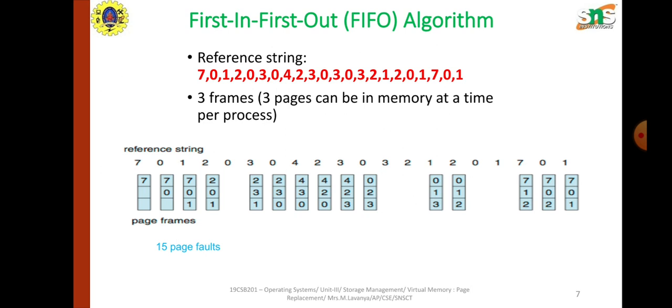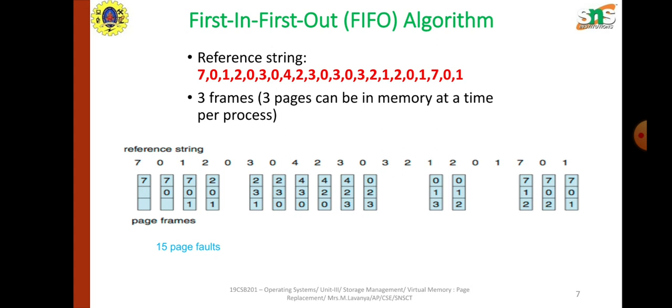Then, a page fault is counted each time we access the frame and change the values. In this, the total number of page fault occurrences is 15. Considering 7, 0, 1, 2, then 0 is not changed, so we leave it out. Then 3, 0, 4, 2, 3, 0.